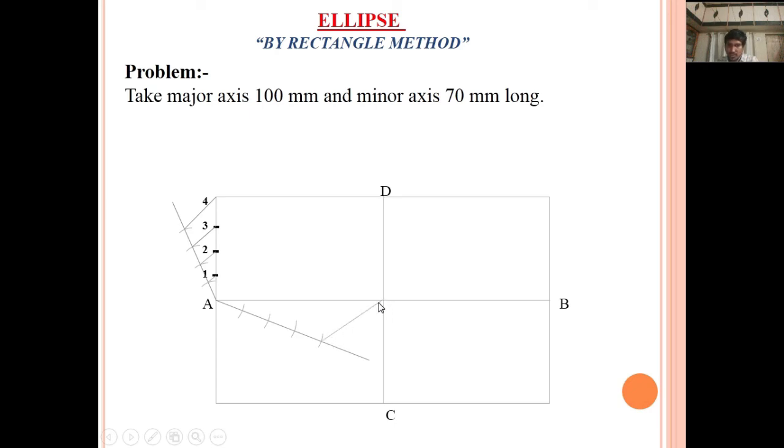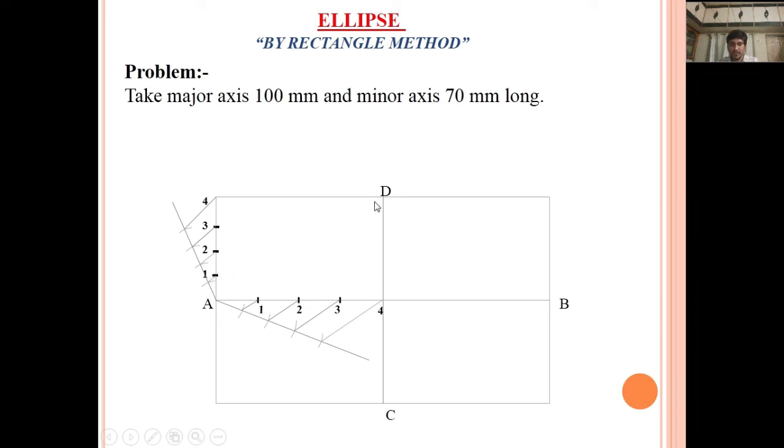With the use of this line, draw parallel lines from this point and from this point, and we get the 4 points from the OA line.